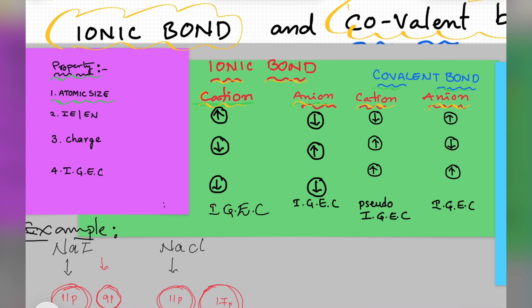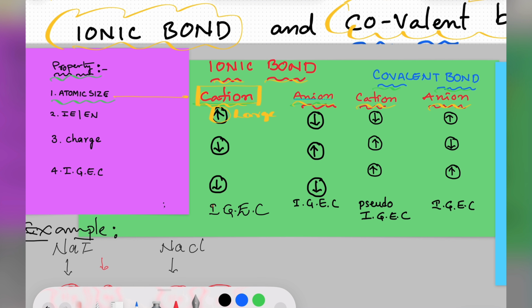For example, atomic size for ionic bond: the cation atomic size should be large, followed by the anion atomic size, which should be small.